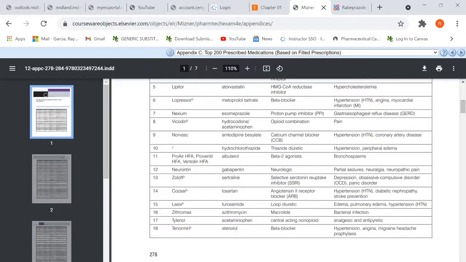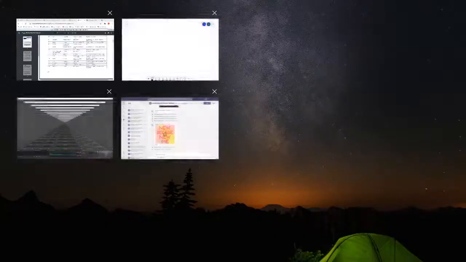I'm going to jump to amlodipine besylate, calcium channel blocker, brand name's Norvasc, and the indications are for hypertension and coronary artery disease. So, amlodipine besylate, drug class calcium channel blocker.